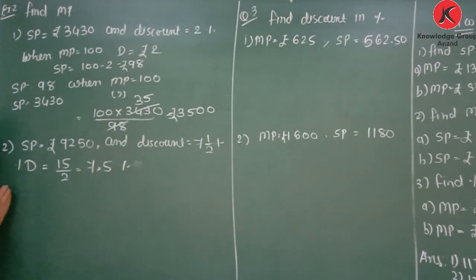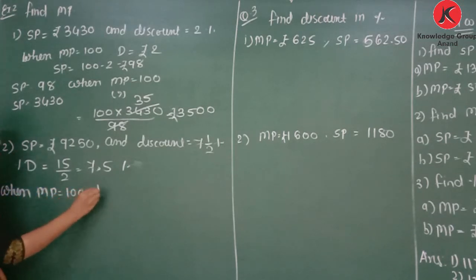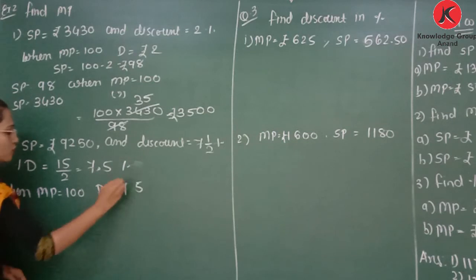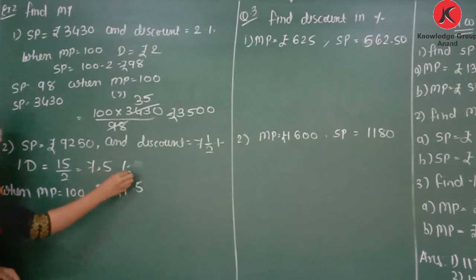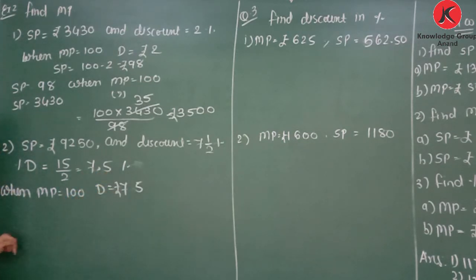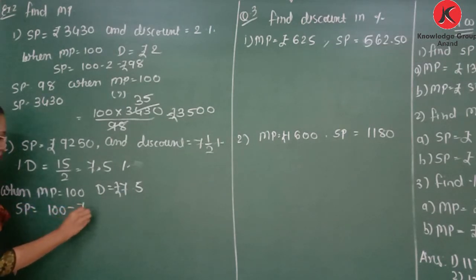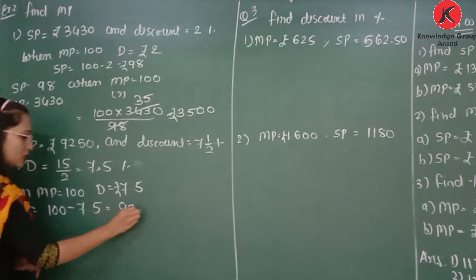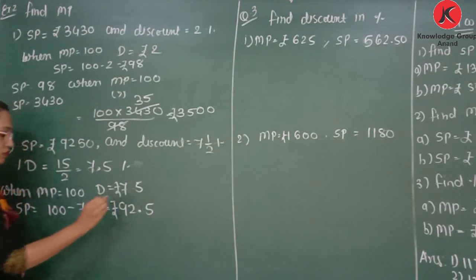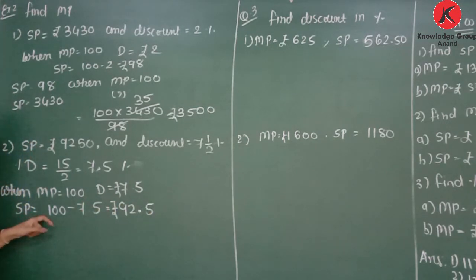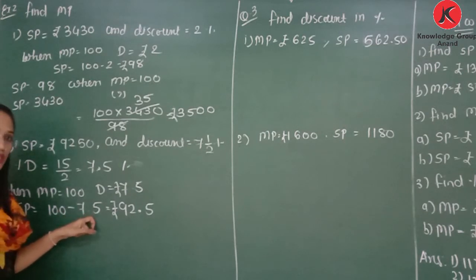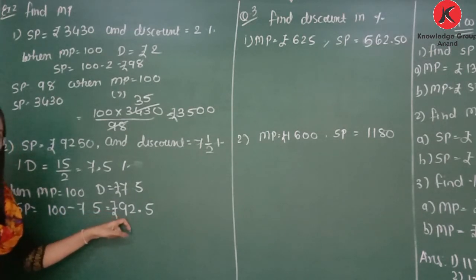Now if mark price is 100, discount will be what? 7.5 rupees. Because 7.5% means it is from 100. So selling price will be 100 minus 7.5, that is 92.5 rupees. Whenever price is 100 and 7.5 is a discount, you need to pay only 92.5 rupees.